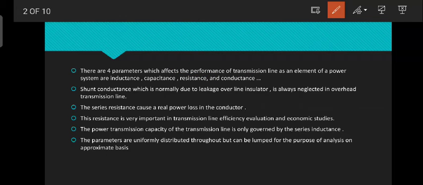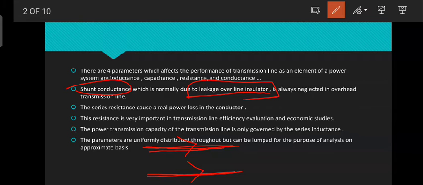Another one is conductance. Conductance means which conducts electricity from one point to another. You have known this already, I think. Shunt conductance is normally due to leakage in the overhead line insulator. So how is shunt conductance formed? Here two overhead conductors pass like this, one is one phase and the other is another phase.